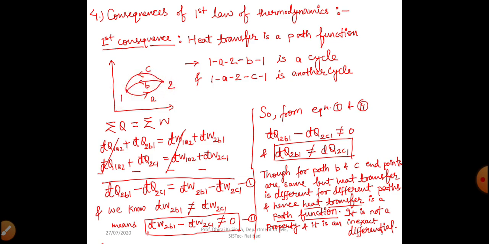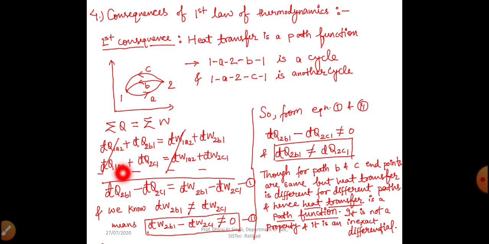This we have written for the first cycle. Similarly for the second cycle we write del Q1A2 plus del Q2C1 equal to del W1A2 plus del W2C1, right? So for both cycles we have written the equations.